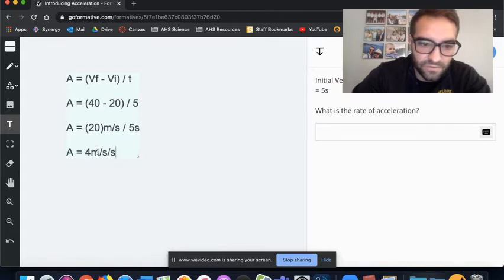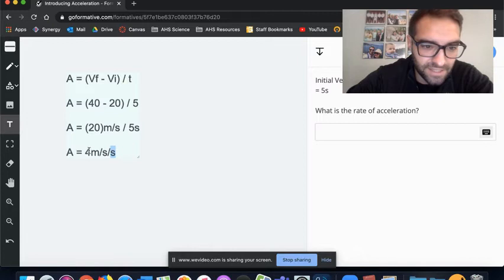So it actually looks like that. And again, a way to think about this is that it is accelerating. And in this situation, it's a positive acceleration. It's increasing in speed. Positive acceleration of 4 meters per second every single second.